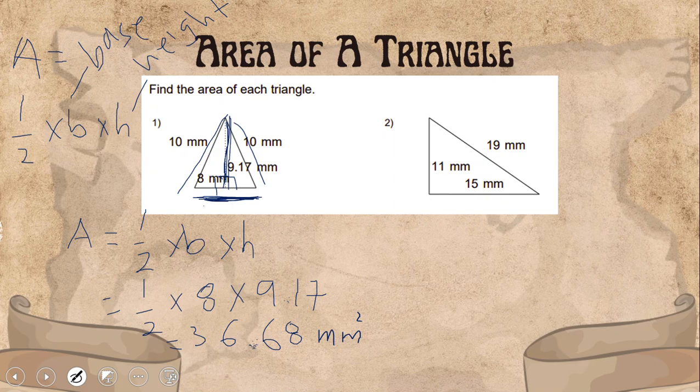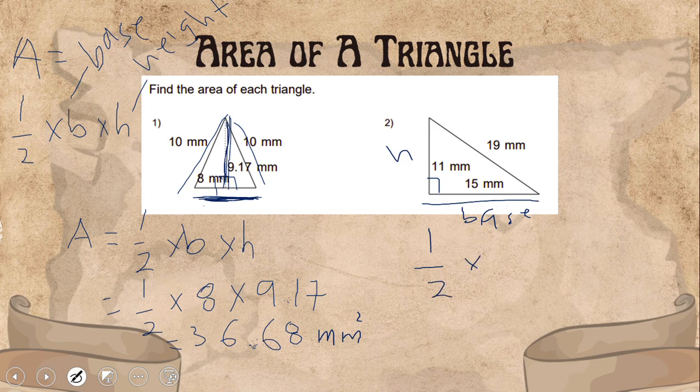You need to determine your base and your height first. If you can see straight away, this is your 90 degrees, so that means this will be your base, and this will be your height. Just put that in your equation.